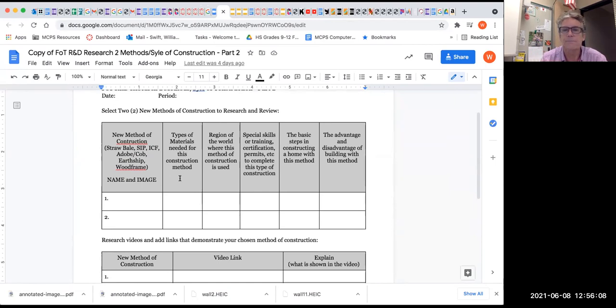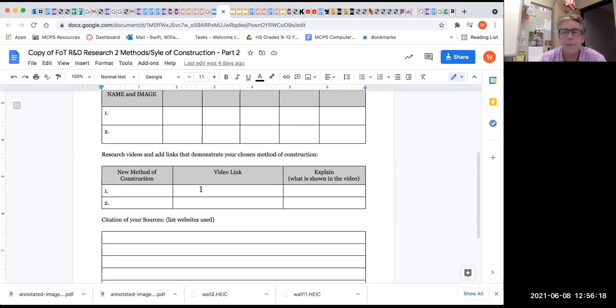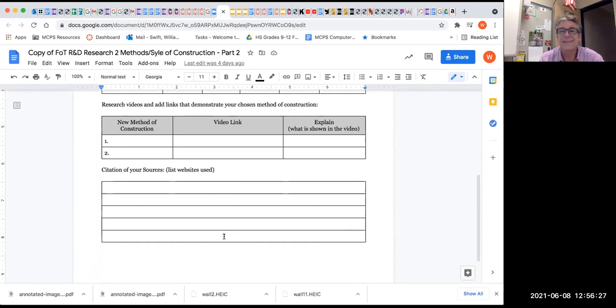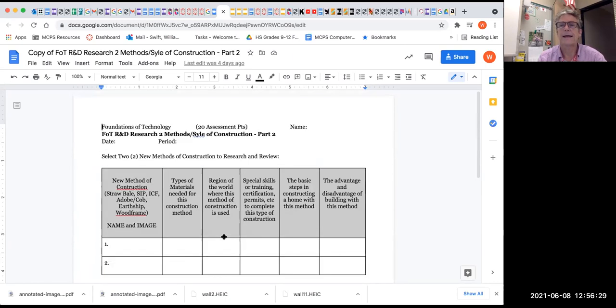Then you're just filling in types of materials needed, region of the world, special skills, basic steps in construction, the advantages and disadvantages. And then you're going to drop a little video. I had one of making adobe bricks, one of building a wood frame house. Any citation sources. That's it. That's 20 points. Get that in.